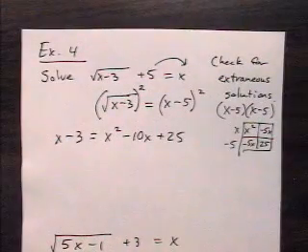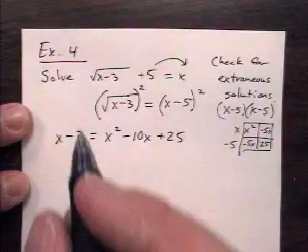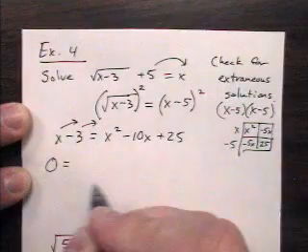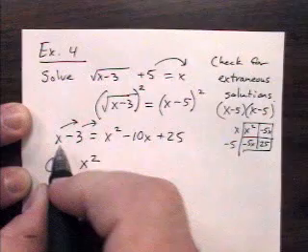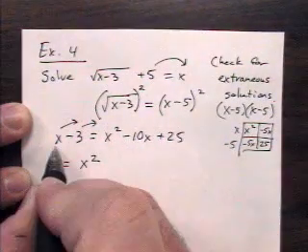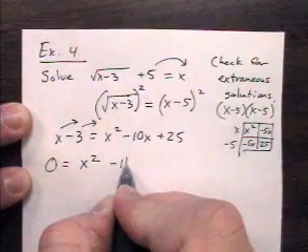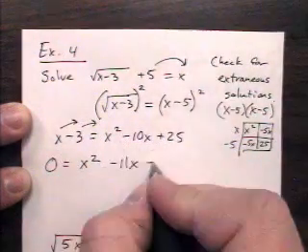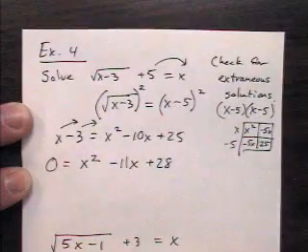How are we going to solve this one? Well, quadratics, we need to push everything to one side, setting it equal to 0. So that leaves me with x squared. If I have negative 10x and I'm subtracting an x, that'll make me negative 11x. And if I have 25 and I'm adding 3, that'll make 28.